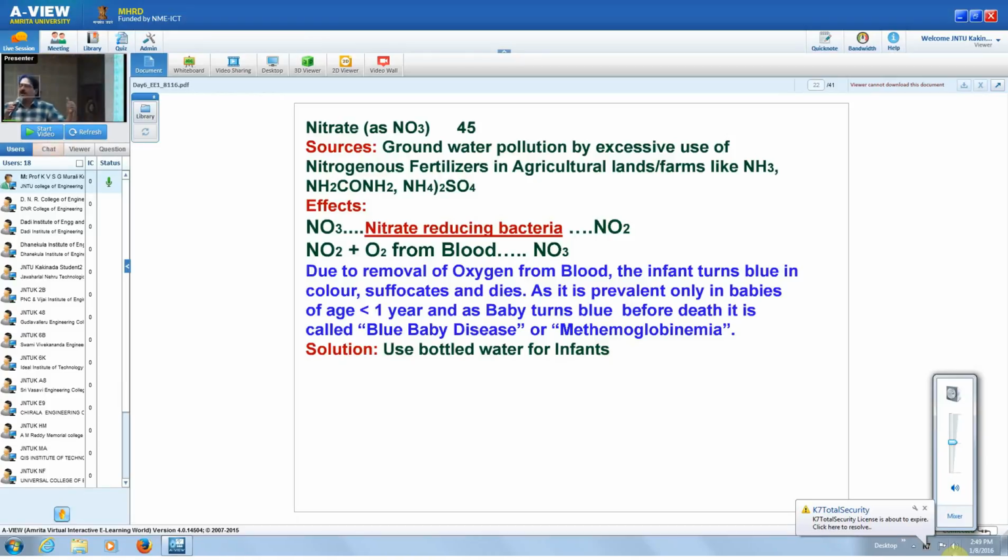Let us see what happened with reference to nitrate. We all use groundwater only because groundwater is always safe. For example, in my own house, we get municipal water, we also get groundwater. I always prefer groundwater only. What is the simple reason? When water reaches the well, it passes through a sand bed which 100% filters the bacteria, which 100% removes the turbidity.